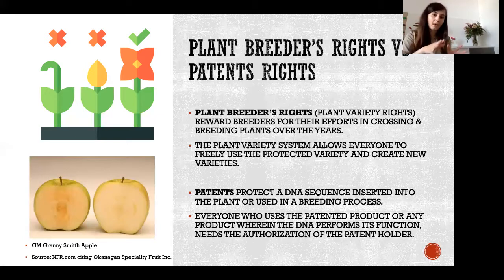So on the left, we have two apples. One of them is brown and the other one is not brown. So the apple that remains white is an innovation. This apple remains white thanks to a DNA sequence that grants the apple this property to remain white.